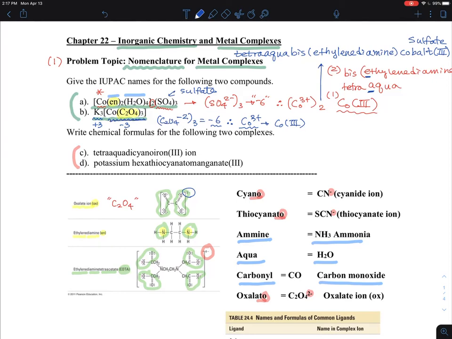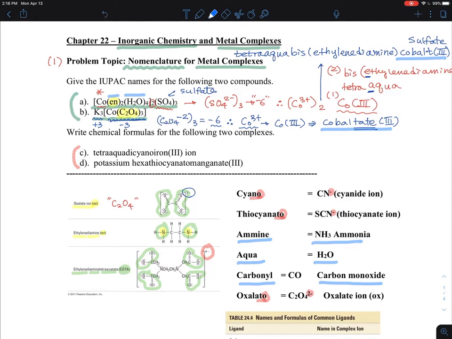So this one becomes what is called a cobaltate. Just like a sulfate, when you put this complex at the end, you will have this name cobaltate. That will be your metal complex anion, and that's how it's being shown. Whereas this one is just a cobalt itself, because they are in the cation part.